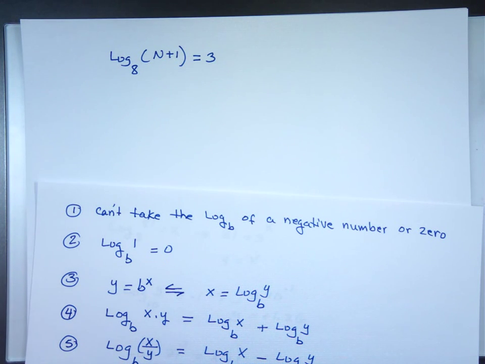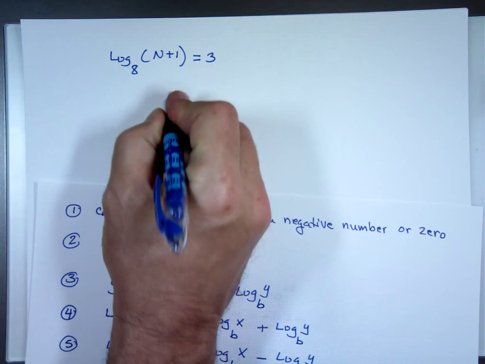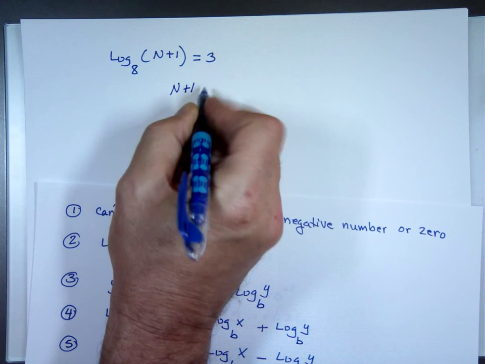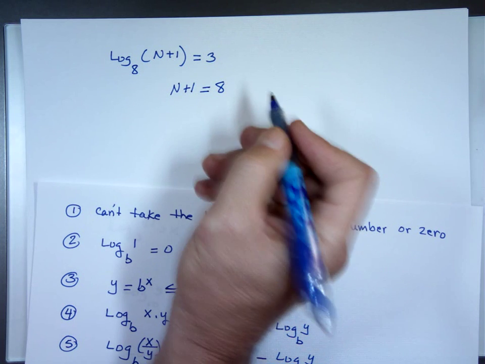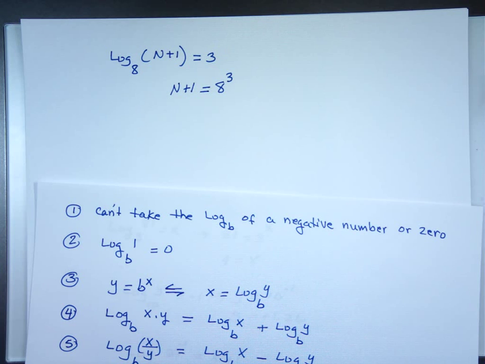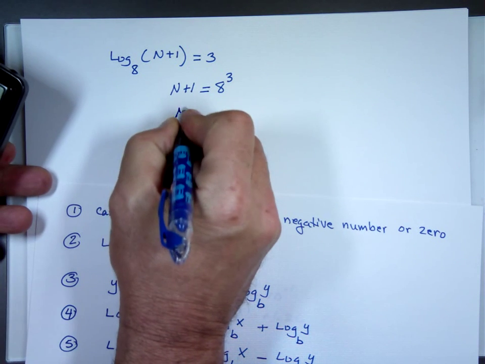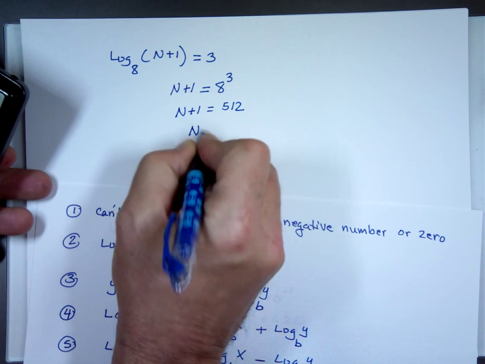Using rule number 3, it says the number, in this case, which is what? N plus 1, the number. 8 is the base. It should equal the base, which is 8 raised to what power? The answer, which is 3. Eight to the power 3, 512. What is n equal to? 511.